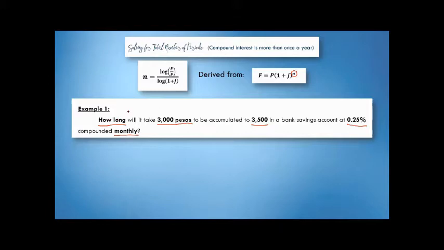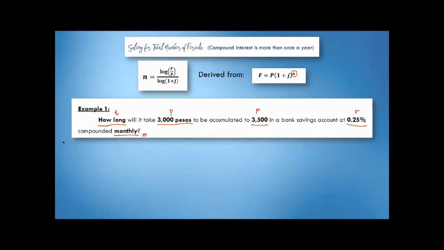Ang tanong is how long? So we are looking for the time. 3,000 pesos is the principal money or the present value. Then 3,500 is the future value. Then 0.25% is our rate of interest. Then monthly is our compounding period.